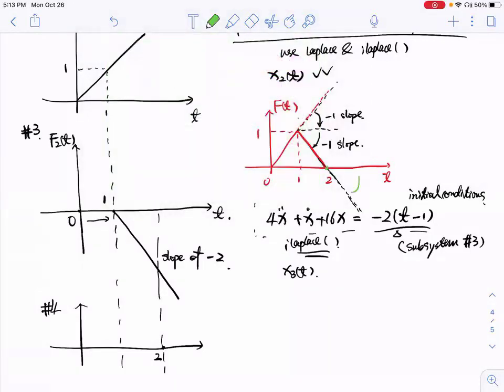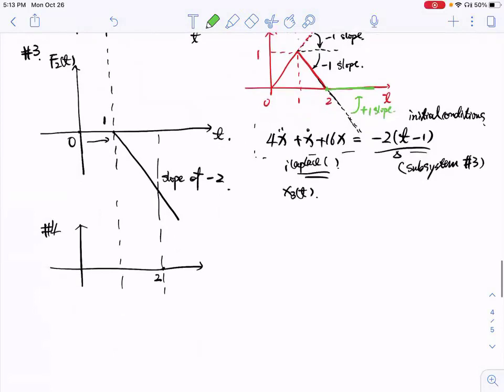So how to bring it flat? We just use a +1 slope to bring it flat. So that means your subsystem number 4 should have a slope k of +1.